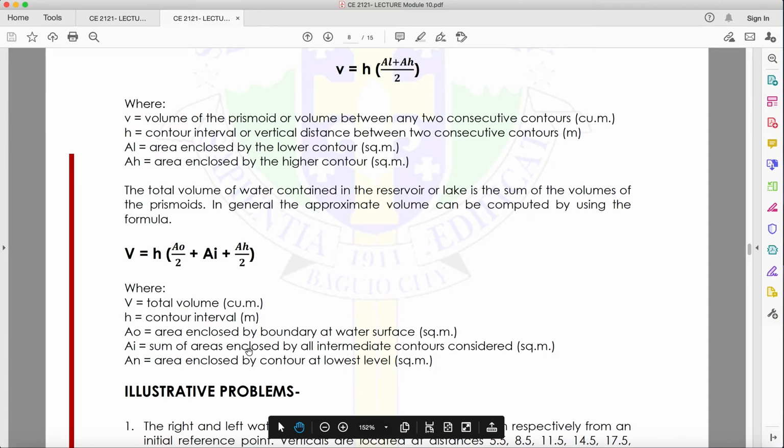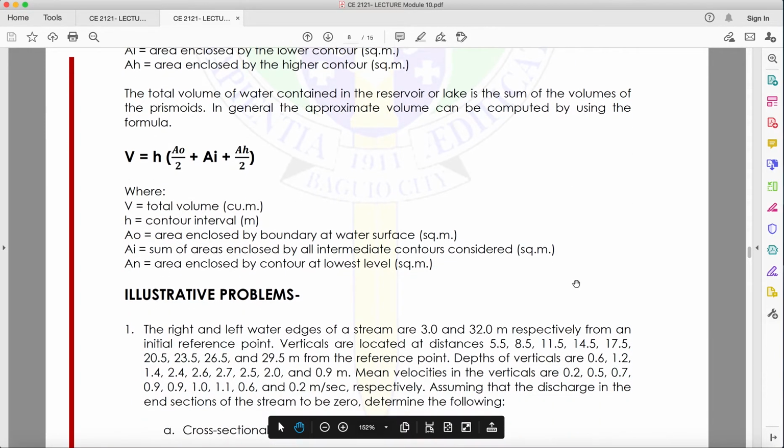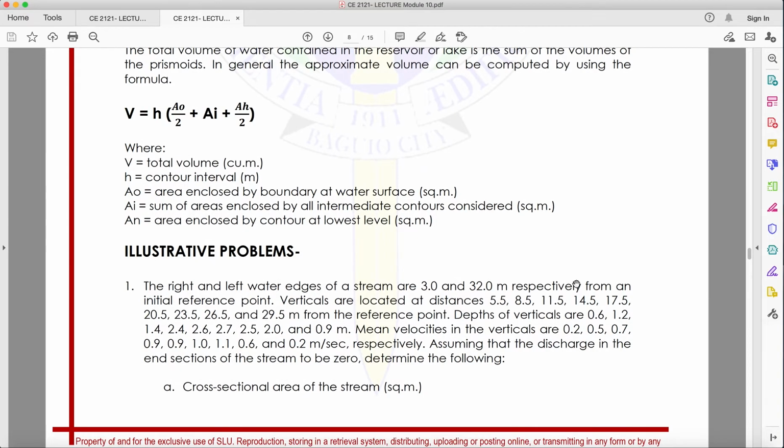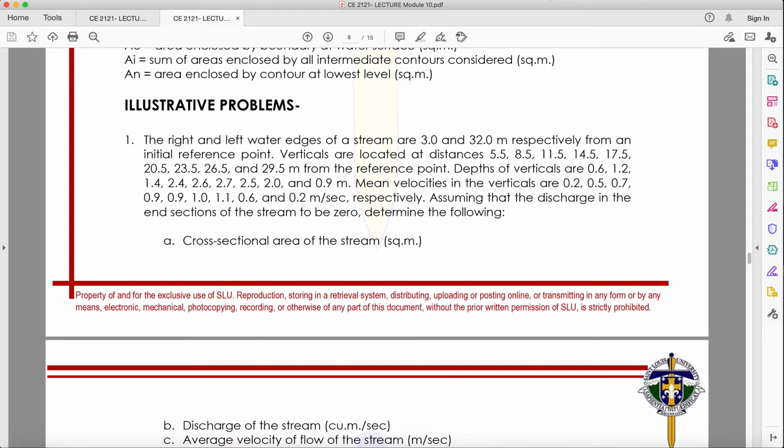AO, water surface. AI, intermediate contours. AN is the contour at the lowest level. So having taken into consideration all of the things that we have read, we are now ready to solve the problems.